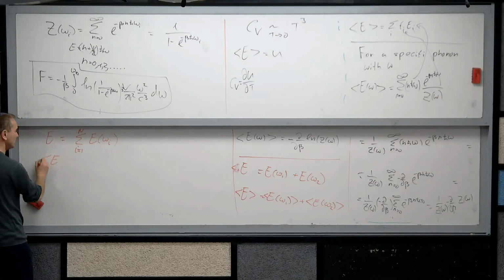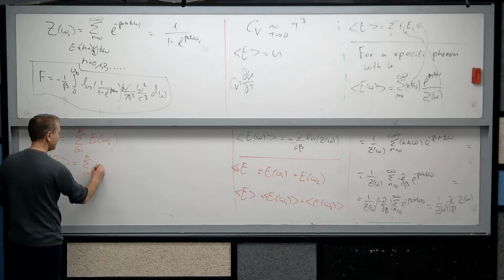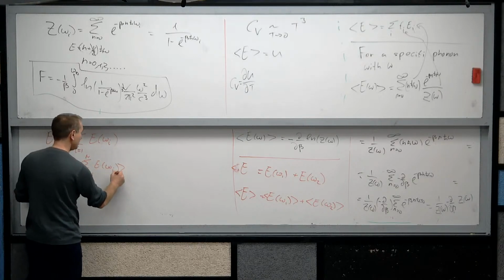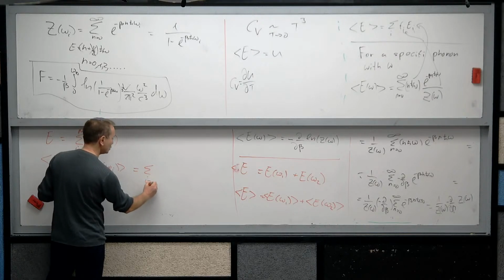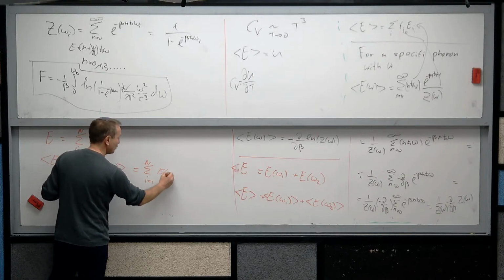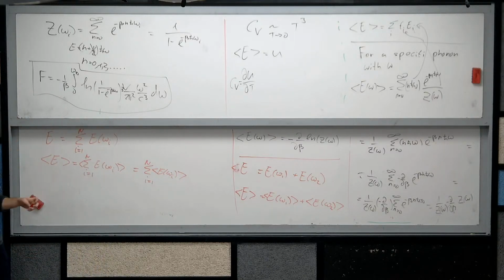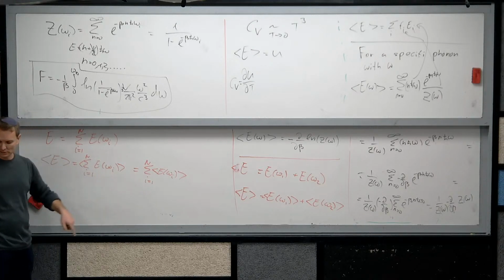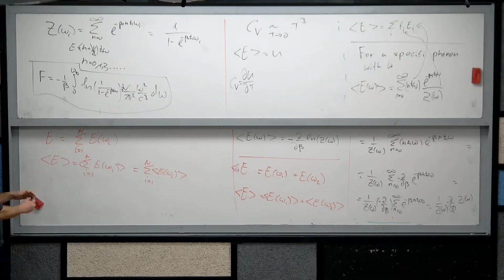Then the average is sum i goes from 1 to n of the average of E of omega_i, and the average of a sum is the sum over averages. And this is if I have a discrete spectrum. But what happens to the sum if I have an infinite number of different omegas? As long as they are all independent, I can perform this summation.